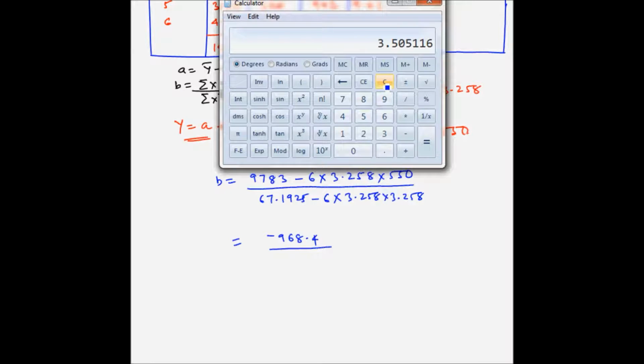This comes out to be 3.5. So the denominator is 3.5. So since 3.5 is in the denominator, we'll make 1 by x and then multiply this by 968.4. So 276.28 with a negative sign. So this is minus 276.28.